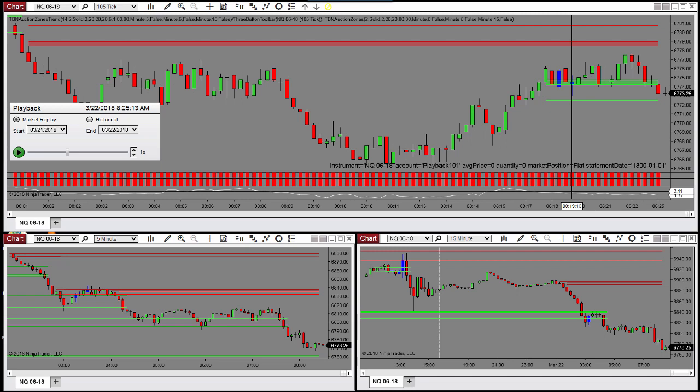Then it looks at my account balance, and it takes whatever risk percent that I have, and it will automatically calculate the number of contracts that I should be trading based on my account size. So if you're in a highly volatile market and you have a smaller account, this thing won't let you trade.